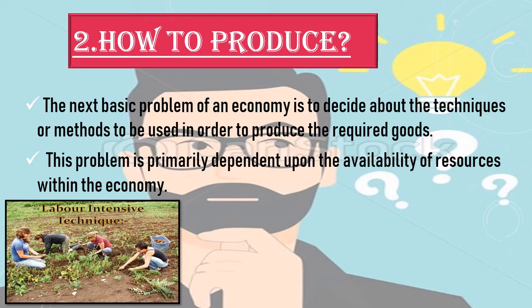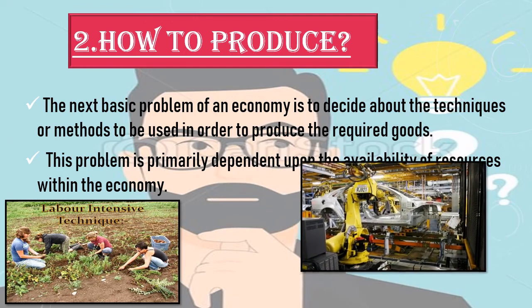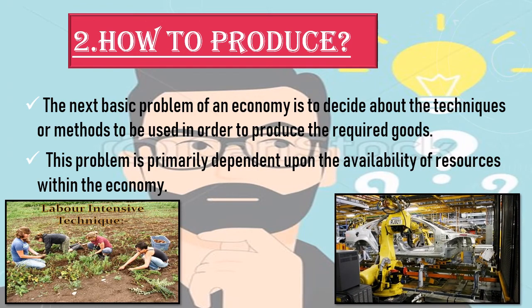In the same way, we have another technique, that is the capital intensive technique. Under this technique, capital is used more than labor. An economy must decide which technique is to be used in a given industry so that efficient production is obtained.